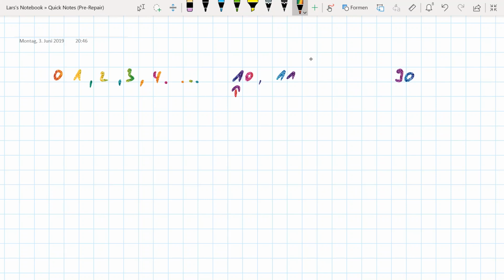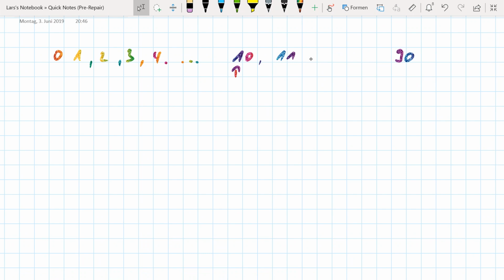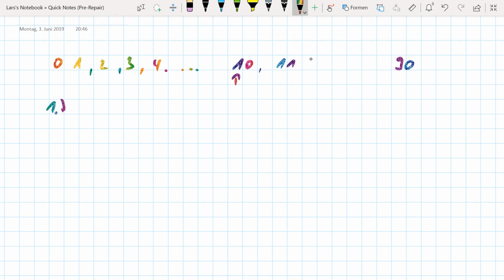I would suggest base 6, and there are a couple of reasons. First, in base 6 you have only 6 different numbers, and the human mind is only capable of holding about 5 or 6 different things in mind.